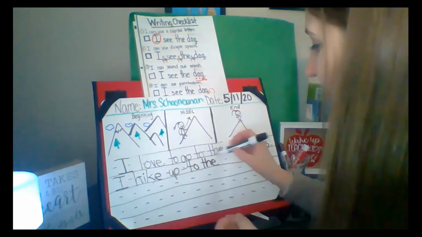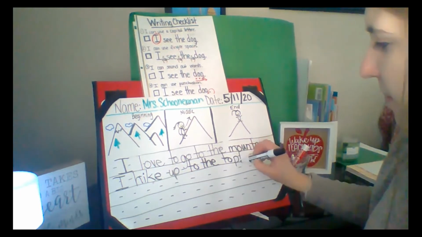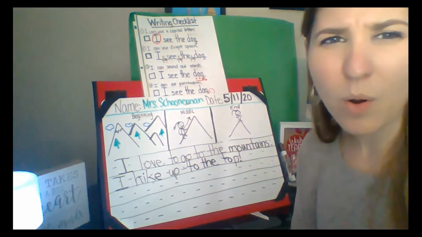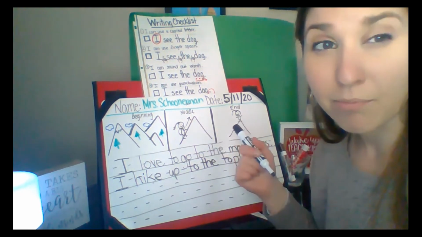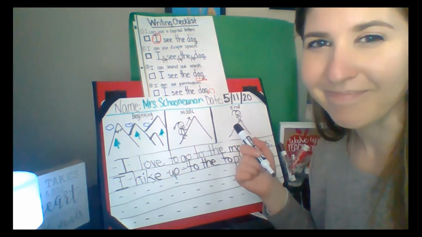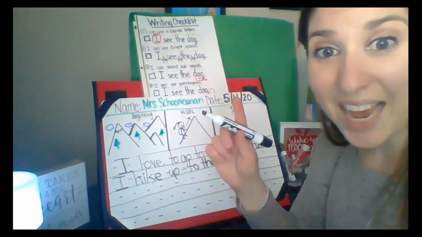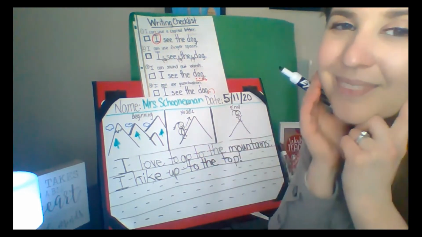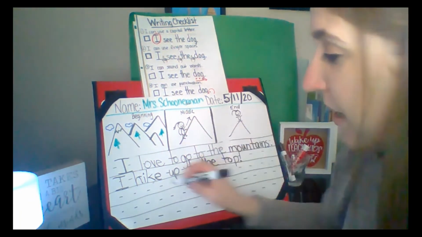Top. T-O-P. And then, what did I say? What's the last part of the story? That's right. When I get to the top, I smile. That'll be my last part of my story.